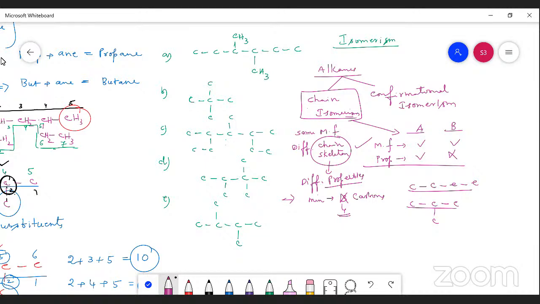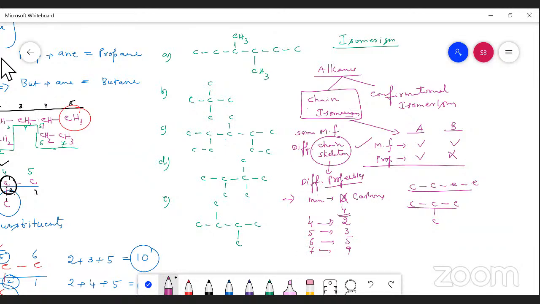So there is a list. If the number of carbons in the compound is 4, how many isomers can they show? 2 chain isomers. If the number of carbons is 5, 3 chain isomers. If the number of carbons is 6, it can show 5 chain isomers. If 7 carbons, 9 chain isomers.